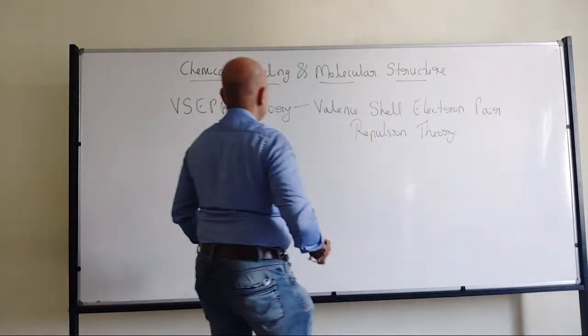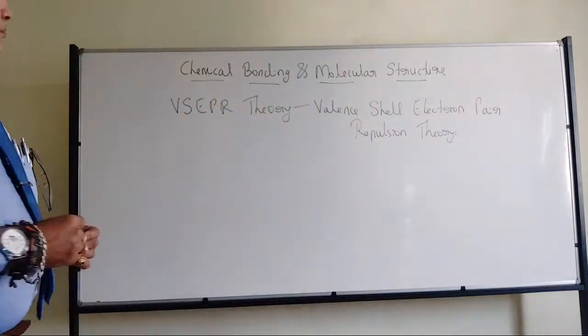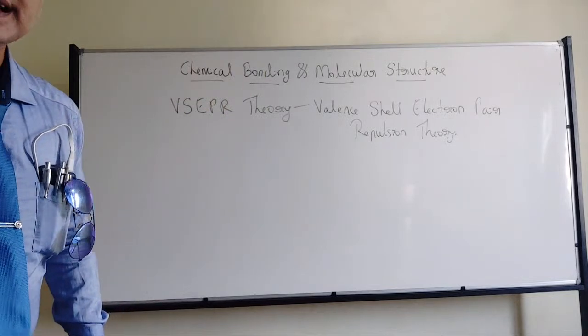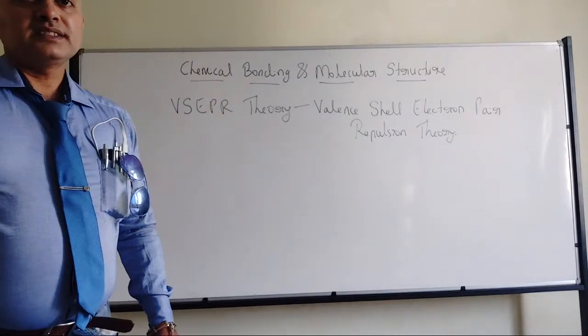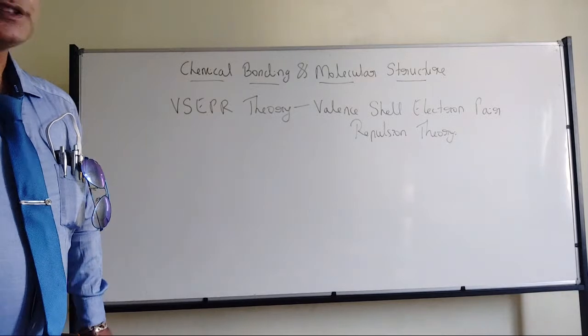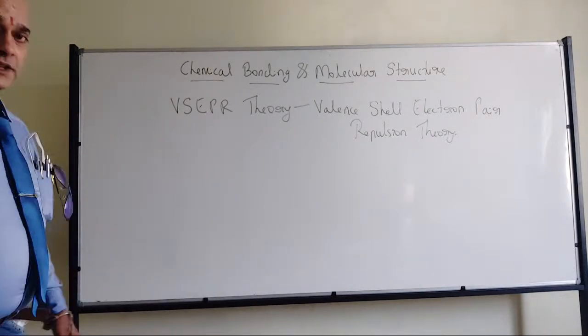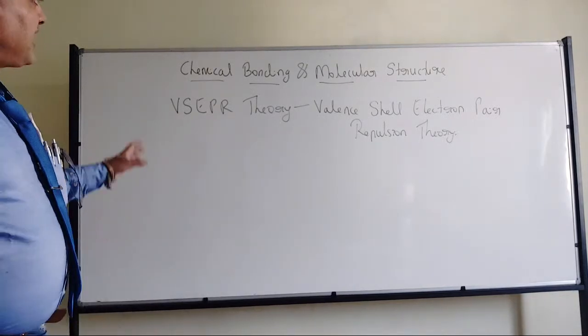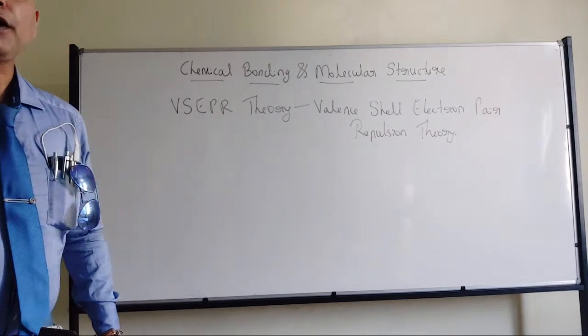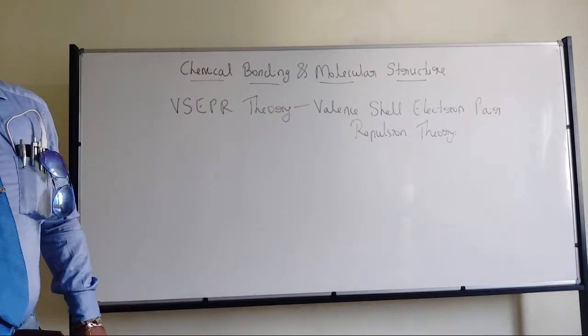Valence shell electron pair repulsion theory, VSEPR theory. Sometimes in short form they will call it whisper theory. So that's where we have the valence shell electron pair repulsion theory.